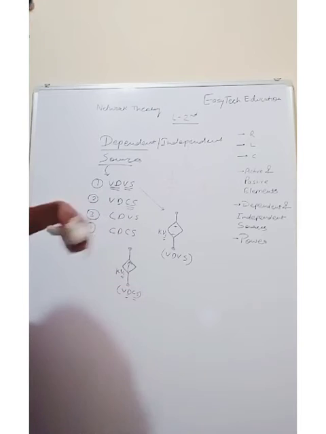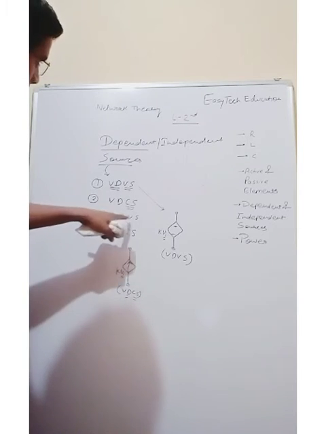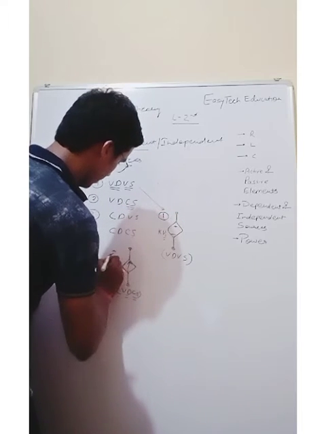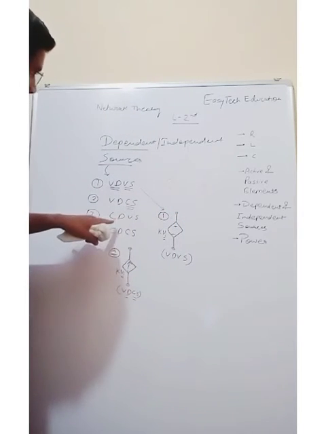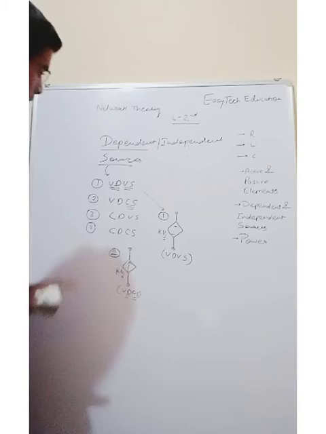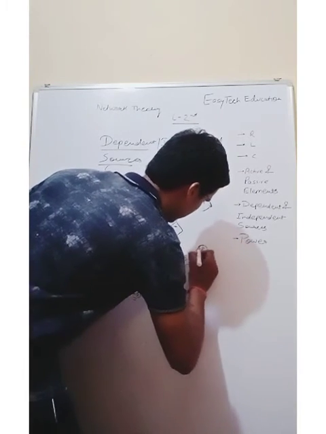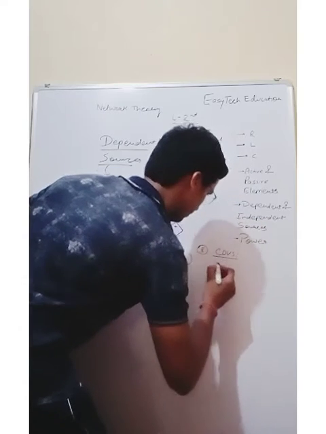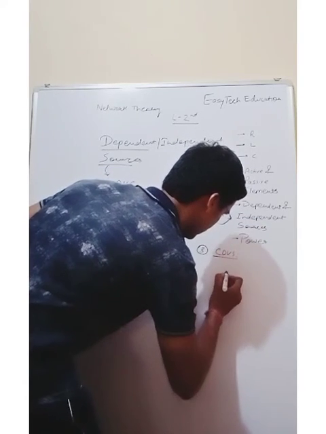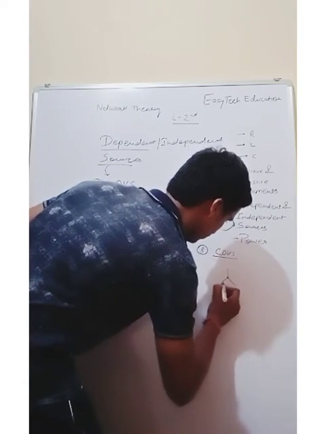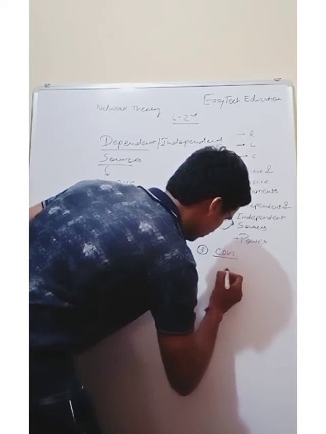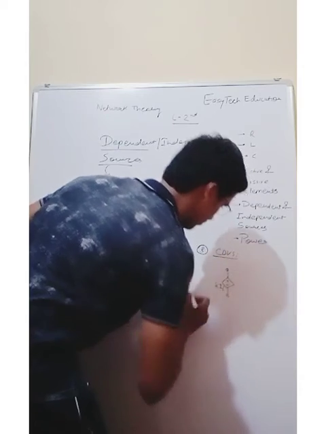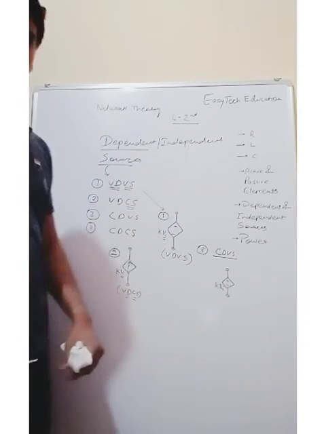Now how can I represent the current dependent voltage source? How can I recognize it? This is a current dependent voltage source.